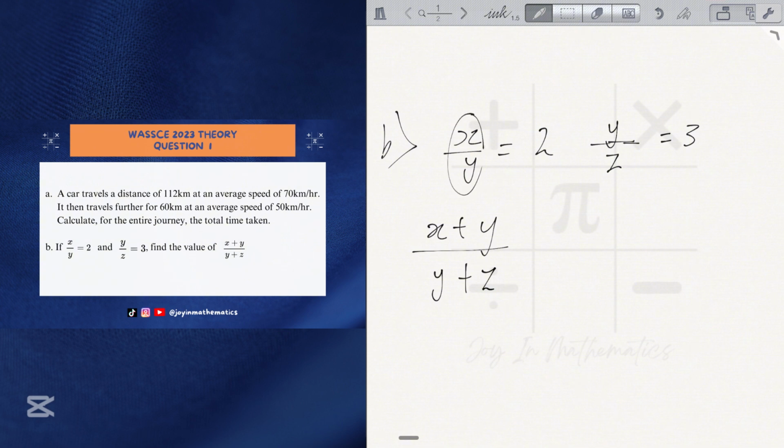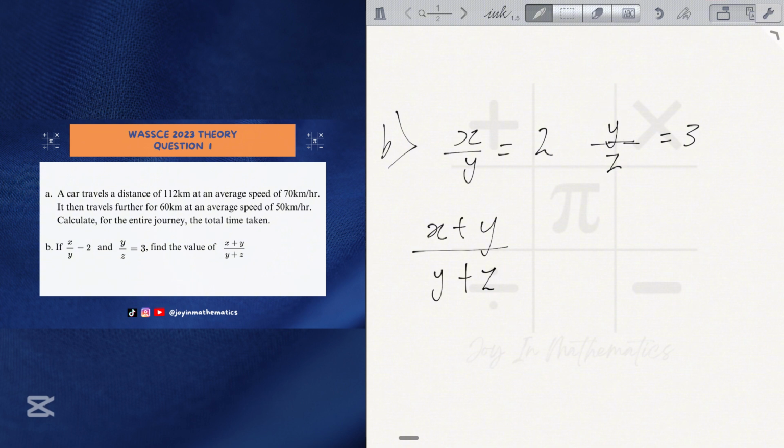We're given X over Y and we're given Y over Z, and if you look at the question, we have just X, we have Y, and we have Y just as we have Z. There's no occurrence of X over Y in the question, and also there's no occurrence of Y over Z in the question. So how do we go about this?